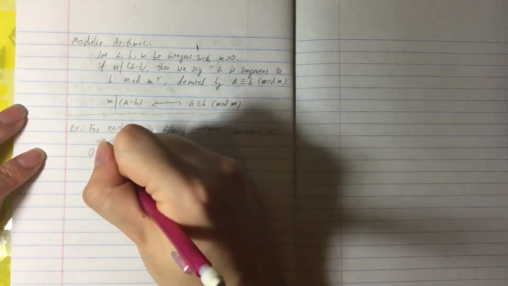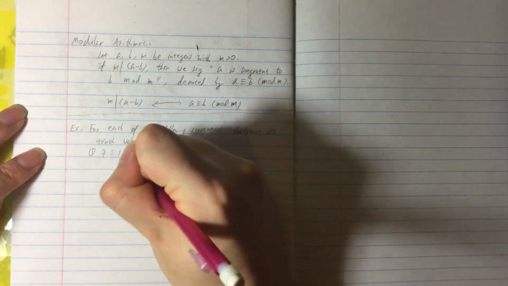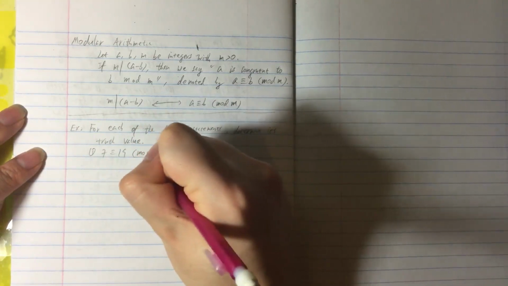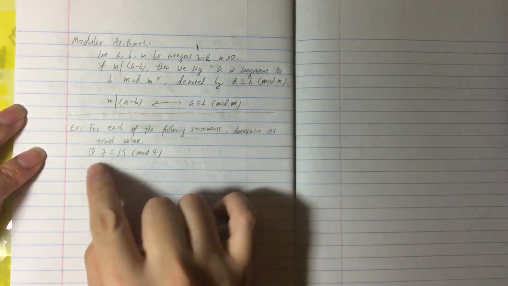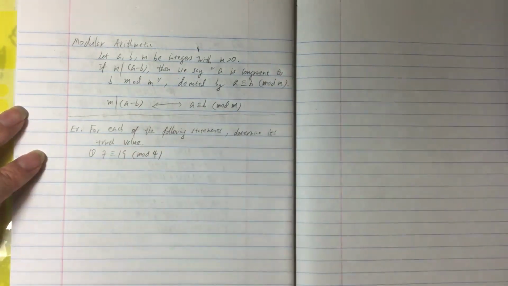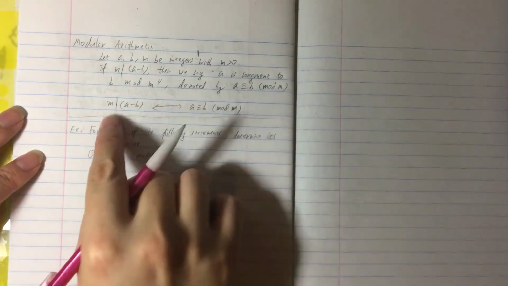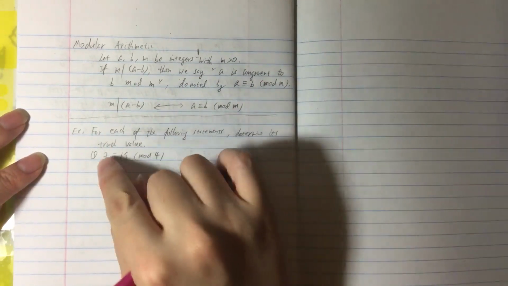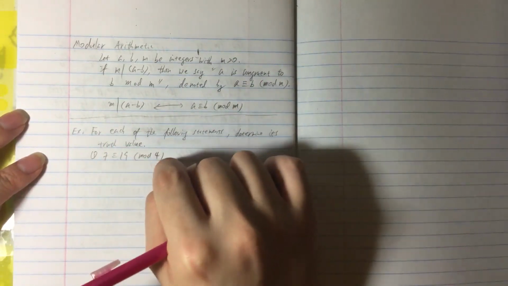First statement: 7 congruent to 19 mod 4. Is this a true statement? We try to verify using this definition. This is a, this is b, this is m. Does m divide a minus b?